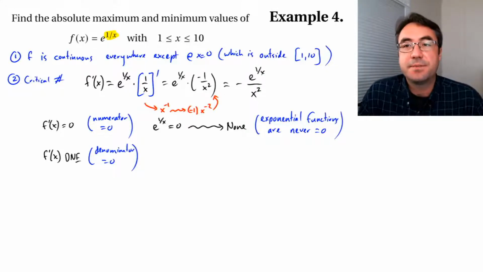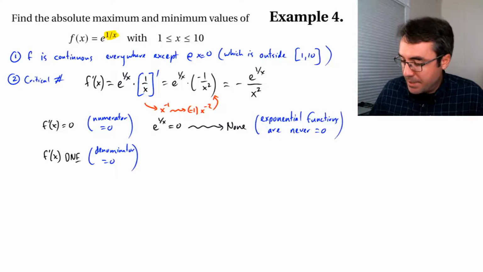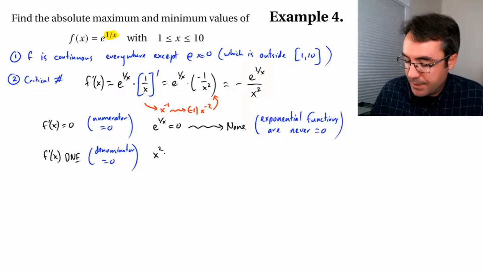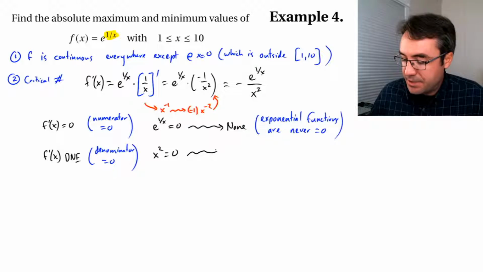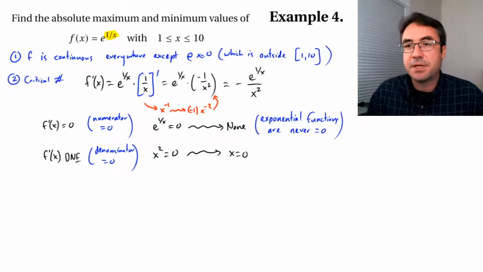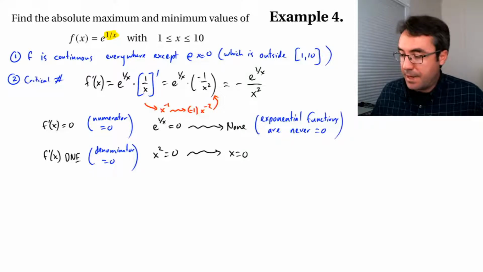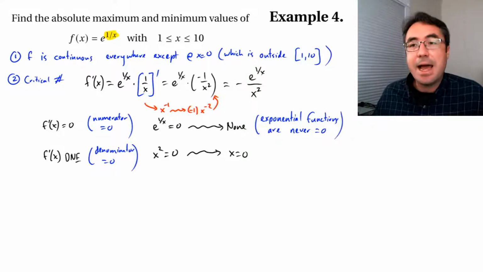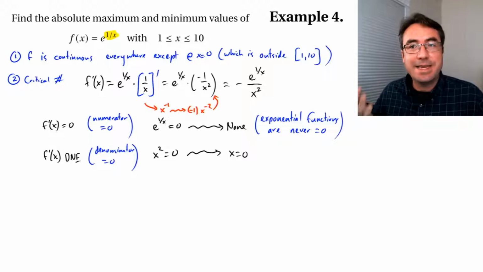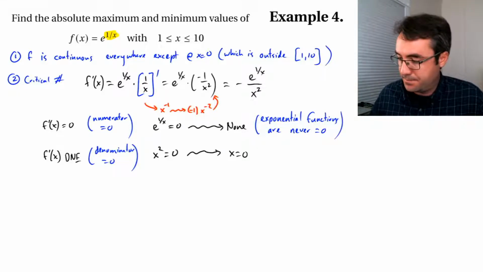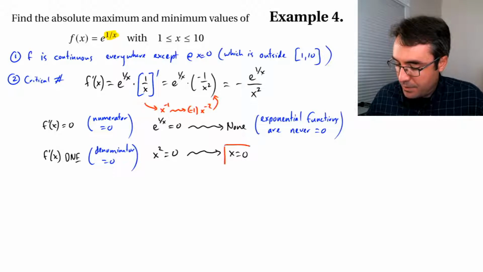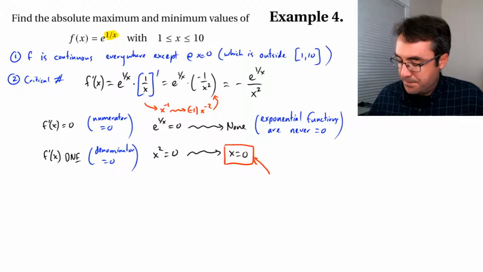All right, so that's not too bad. What about the denominator? Let's set the denominator equal to 0. We get x squared equal to 0, and that actually does give us something: x equal to 0. That's a potential critical number, but as we said, it's really not, because our original function is not defined at x equals 0. So even though we found this, it doesn't really tell us any new information.